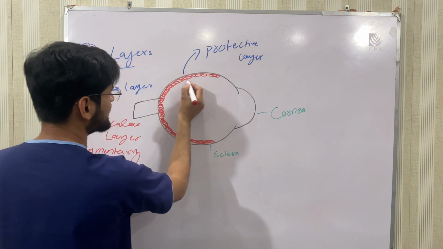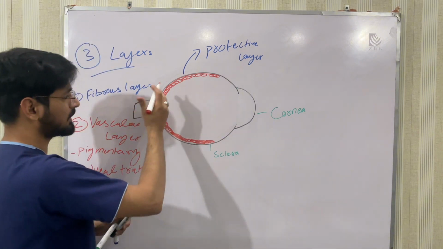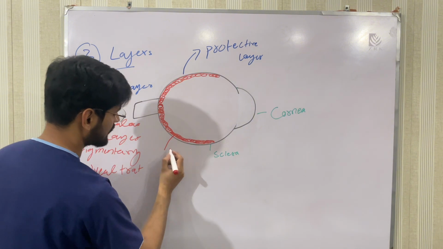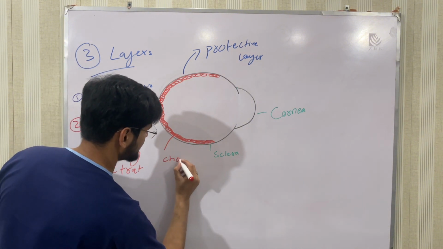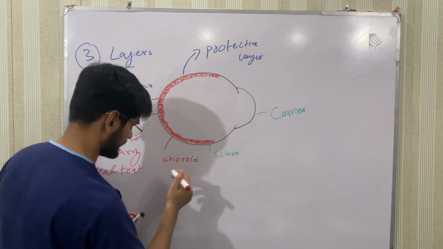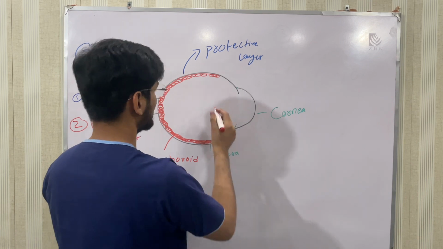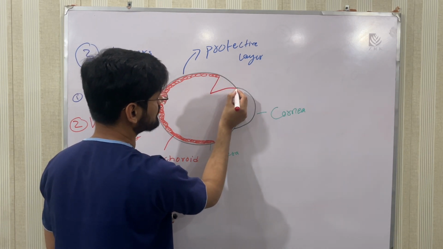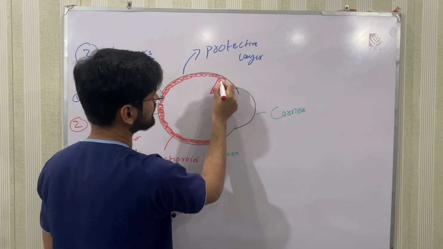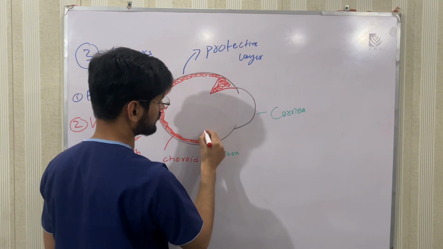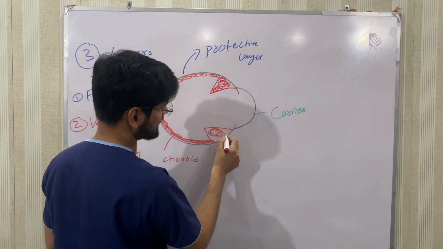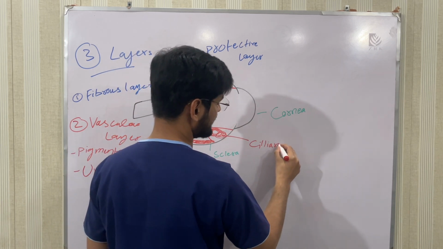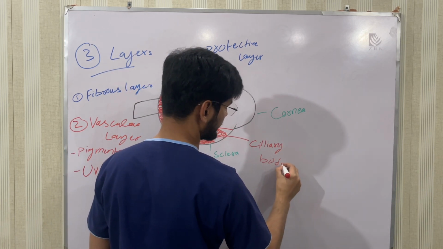The structure which I draw here, the posterior part of this layer, is called choroid. After that, here is a triangular structure, and this structure is called ciliary body.